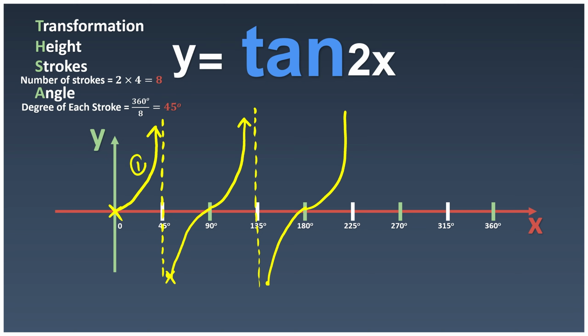So this is our first stroke, second, third, and fourth. Basically, you can think of it like it starts at the intersection, goes to the positive infinity, but because of the ego, it drops back down to the negative infinity, and then slowly climbs back the ladder again. Go to axis, go to infinity, fall back again, axis, infinity, fall back, axis, infinity.